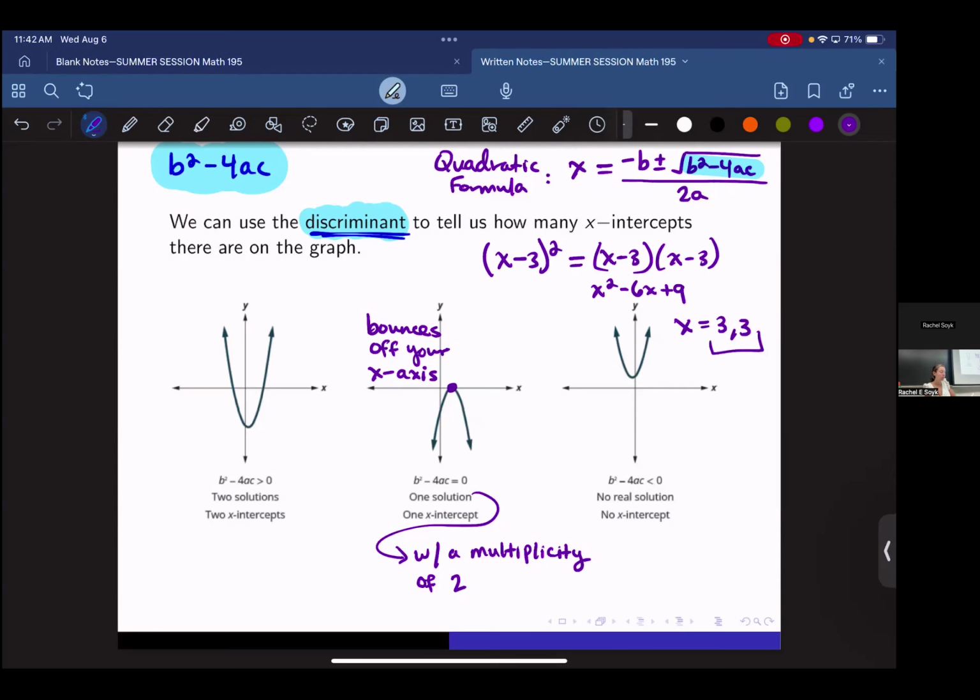We have one of the same root, one solution, but it's repeated twice. It has a multiplicity of 2. And so that's why it really bounces off that x-axis, because it hits it there, and then it hits it again there.